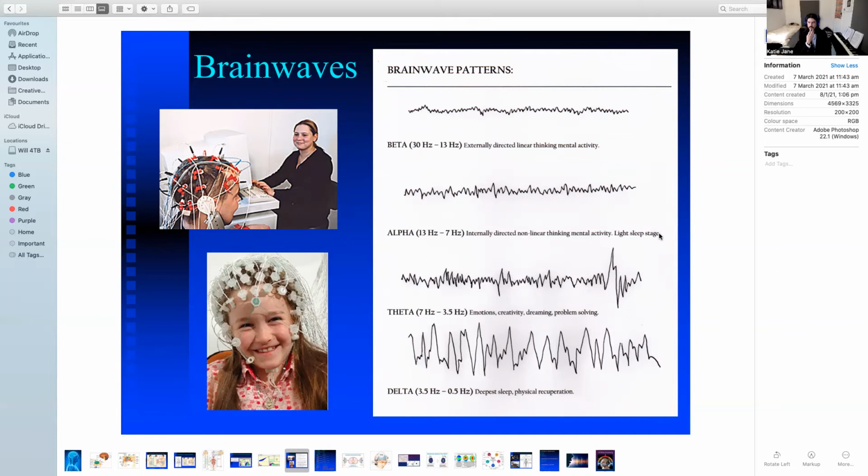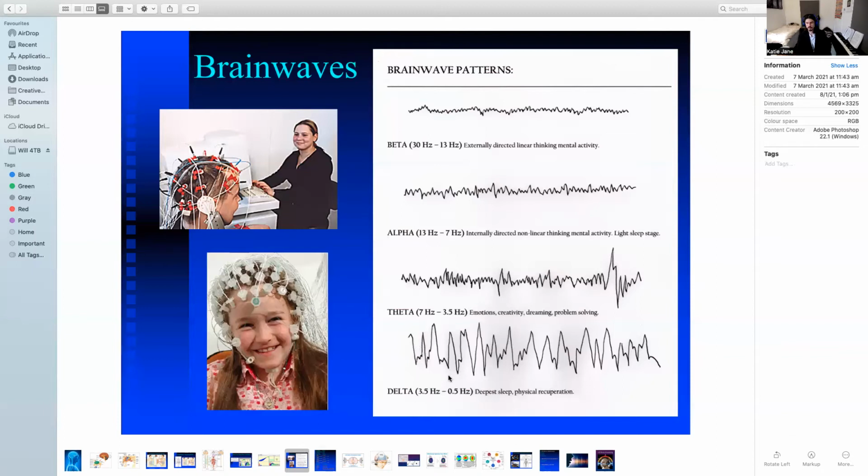So, meditative focus, I guess would be a better way to express it. Theta is responsible for our emotions, for our creativity, for our dreams, creative problem solving. And there was another one. Oh, our memories as well. Delta, deeper sleep and physical recuperation.